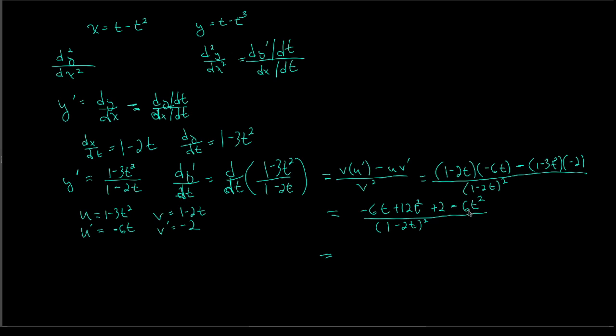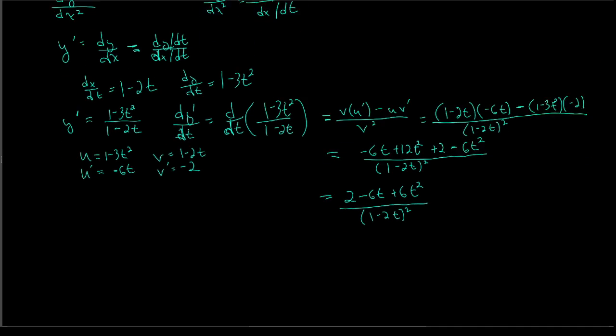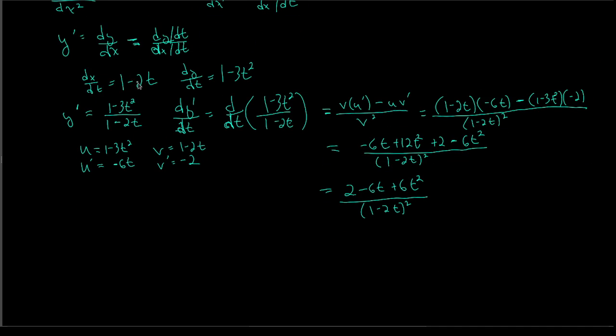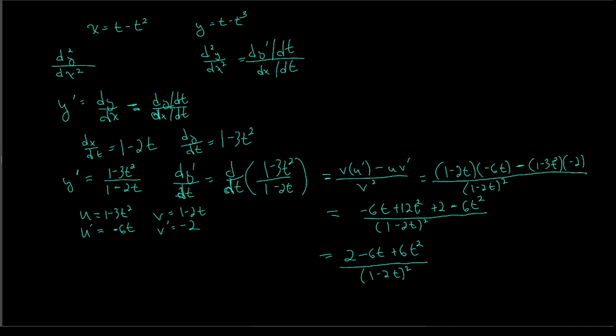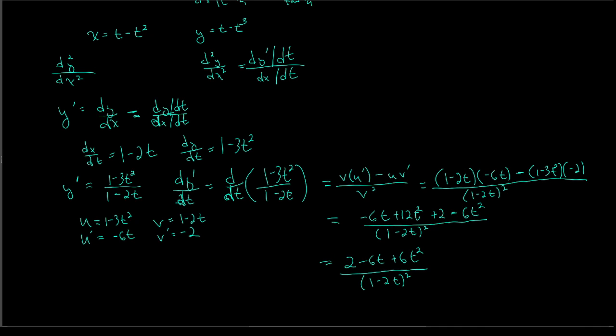And so I'm going to get a positive 2, a negative 6t, and a plus 6t squared, over 1 minus 2t squared. So we have dy prime dt. And so if we put all of this together now, I guess we can stitch all of this back together.